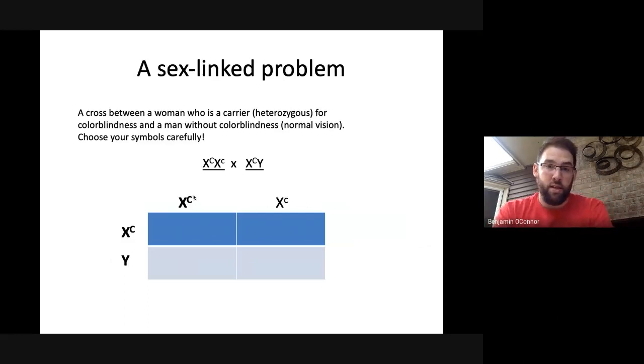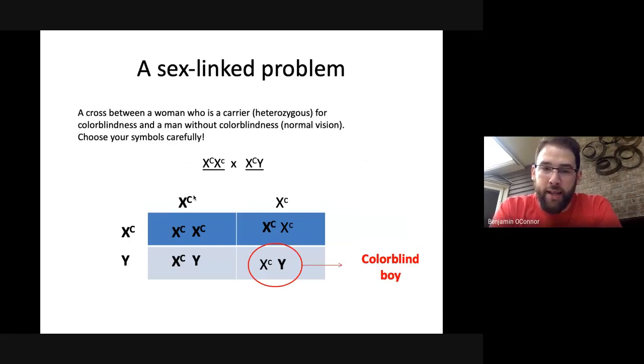Then you just carry those alleles down and across for the mother and father, respectively. Once you have your combinations, you will see that, unfortunately, this bottom right corner is X little c Y, and that is the colorblind boy. So just a little bit on that.